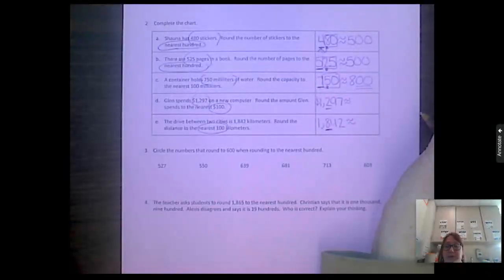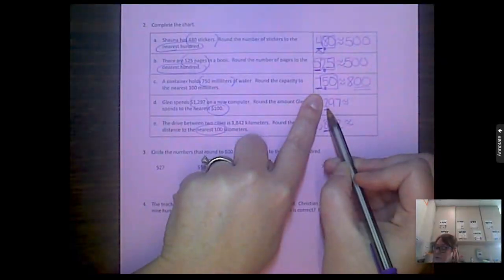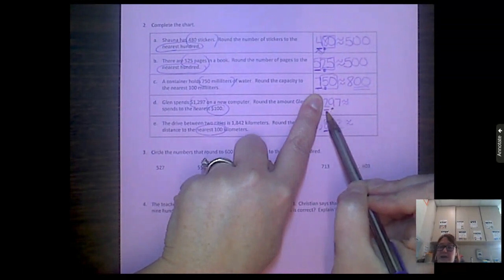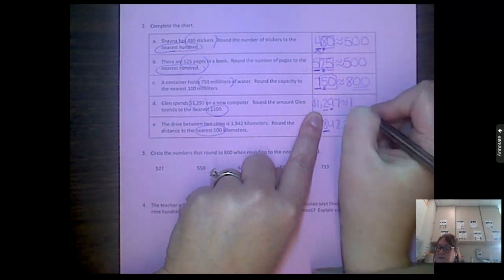Okay, so I'm going to come back. I'm hoping that you worked on those. So the first one, 1,297. So I'm going to cover up that 1. So I'm looking at the 2, and the number right after is my helper number. So I'm going to put a dot under the 9. Okay. And then I can say 5 or above, give it a shove. So I'm actually going to put my 1 back, my 1,000, because I'm not doing anything to that.